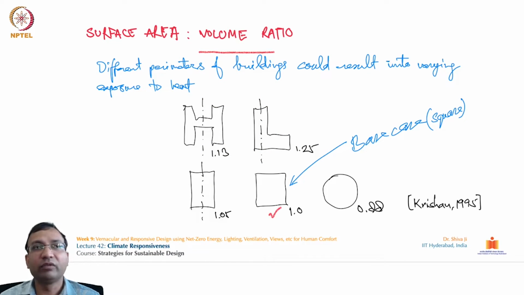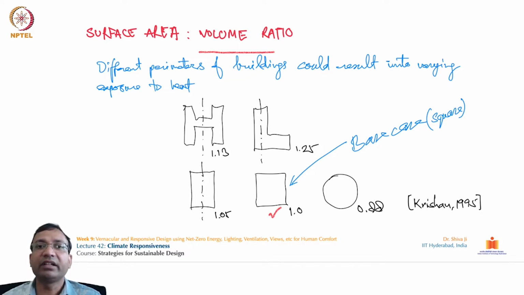So let's move ahead. When we talk about surface area compared to the volume, in the massing chapter we have seen that if we take a cube with one unit volume and one unit surface area, and start disintegrating it, increasing the surface area of that volume or reducing the surface area in the given volume, the energy requirements change.